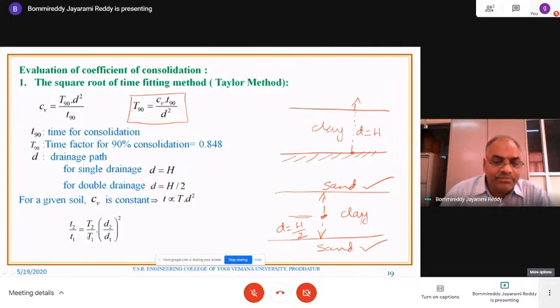That means if you know the time of consolidation t1 for a time factor T1, you can find out the time required for time factor T2. By means of such relations, you can find the various unknown parameters using the time factor formula Tv equals Cv t divided by d square.